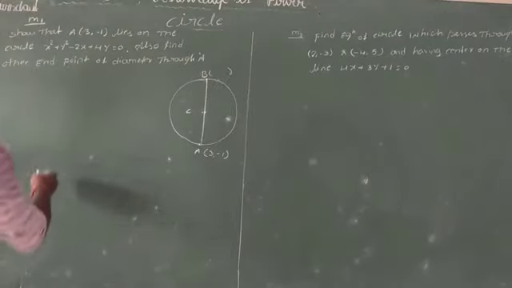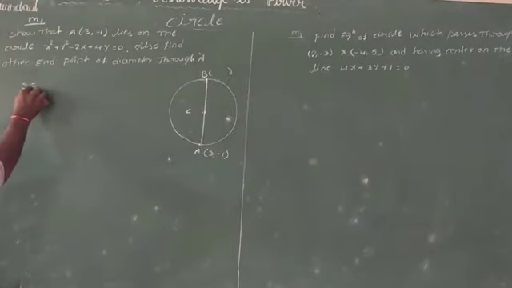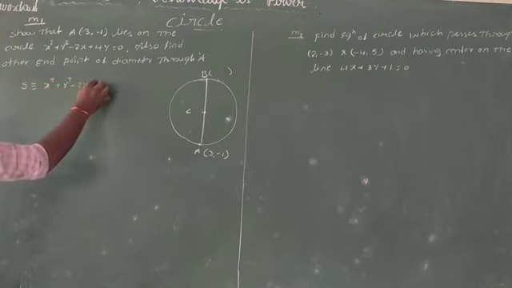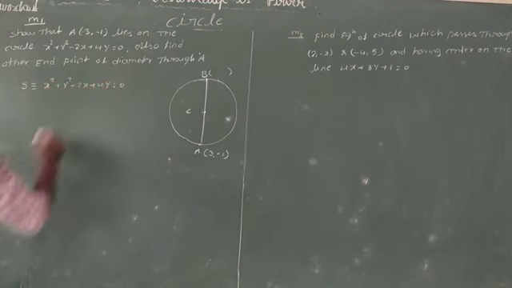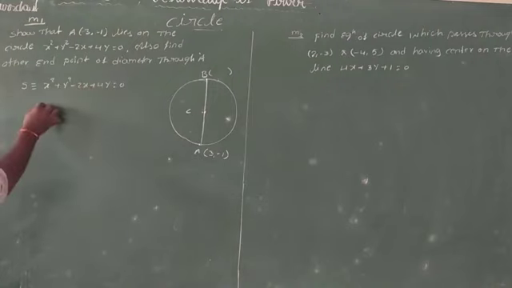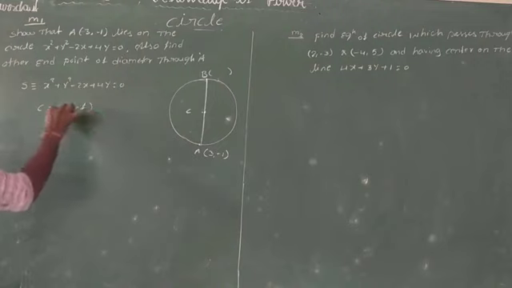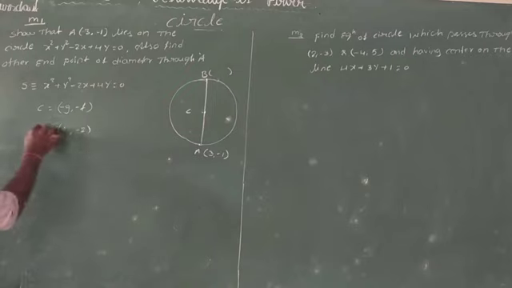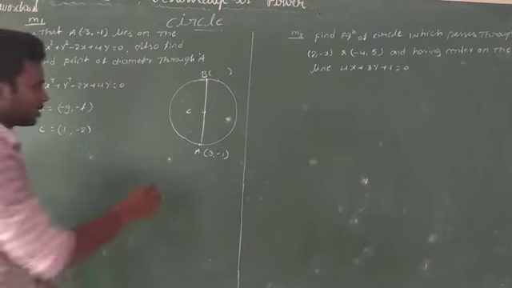From this equation, S is x square plus y square minus 2x plus 4y equal to 0, we know the center formula. The center is minus g comma minus f. By comparing, minus g is 1 and minus f is minus 2. The center is 1 comma minus 2.